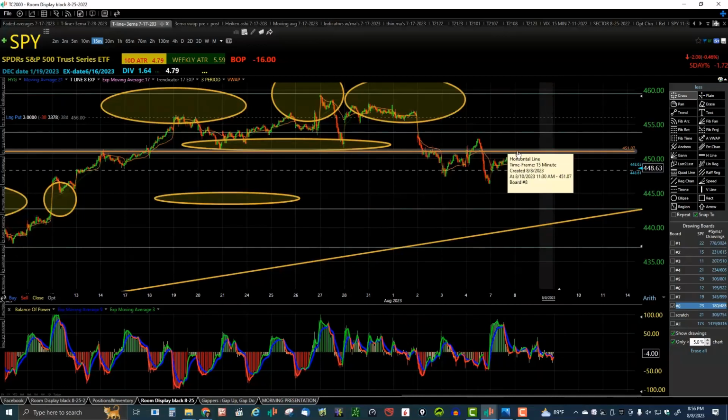It failed to make a new high. So what does it do? It makes a new lower low. As long as we continue to make lower highs, the pressure will be on the bears to make lower lows. This is showing you that the bulls can't get it done. All these lower highs and lower lows.